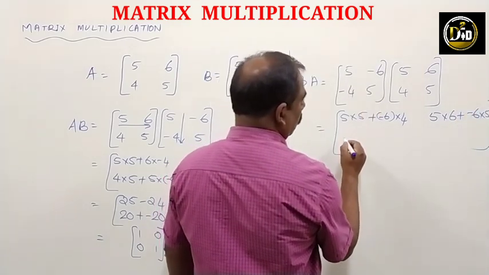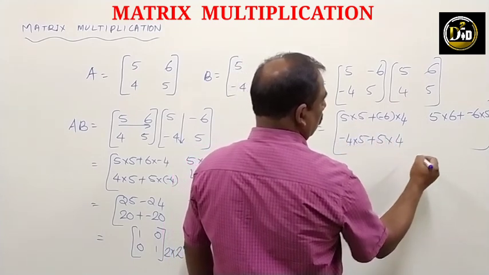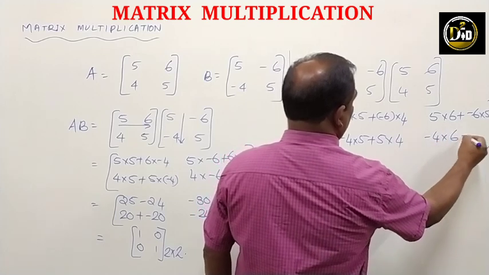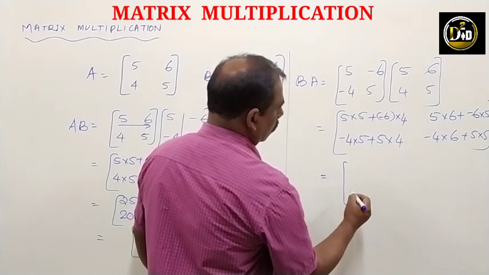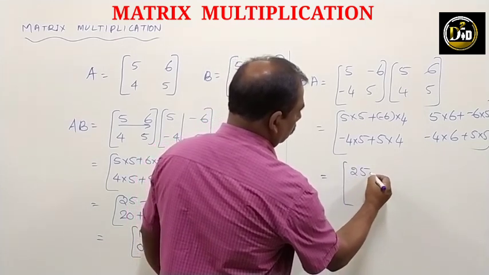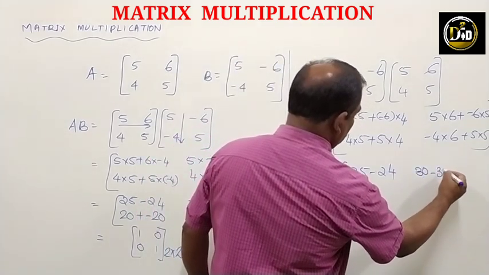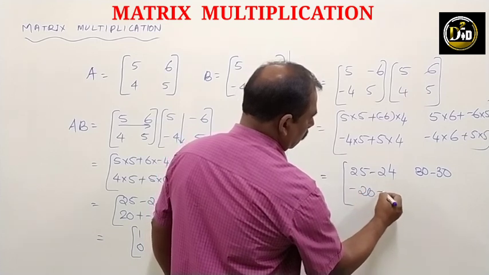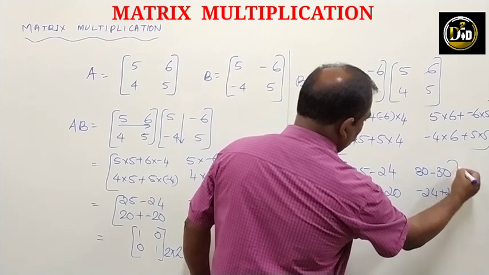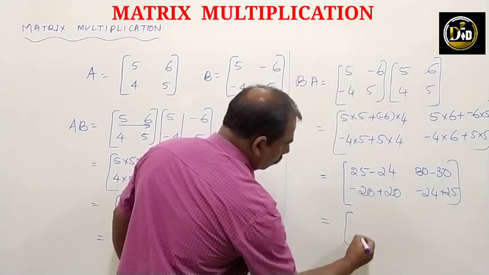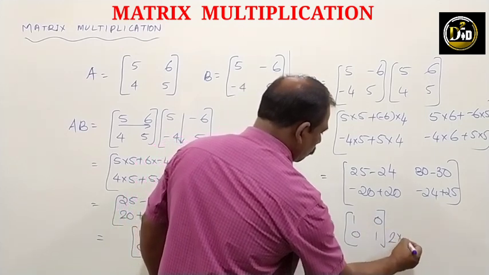Second row, minus 4 into 5 plus 5 into 4, and then minus 4 into 6 plus 5 into 5. That's equal to 5 into 5, 25 minus 24, 30 minus 30, minus 20 plus 20, minus 24 plus 25, and we get 1, 0, 0, 1. It is of order 2 by 2.